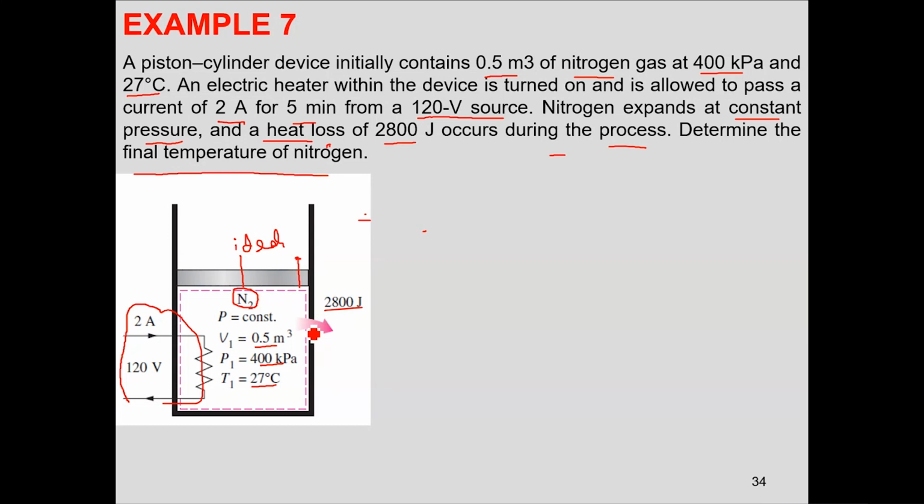You have to determine what is the temperature at the final state of your system as a result of this heat loss, the electrical work in, and the boundary work associated with these two energies.